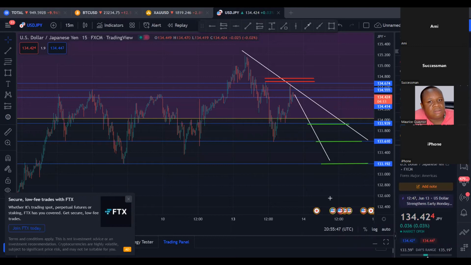All right. So if my entry is here, this level here, any of this range, either here or here, I'm going to put my stop loss on the second red line.